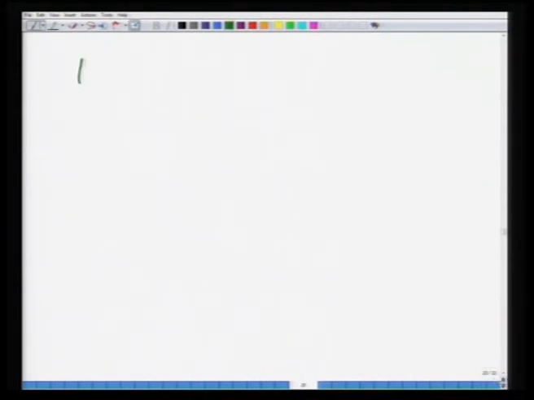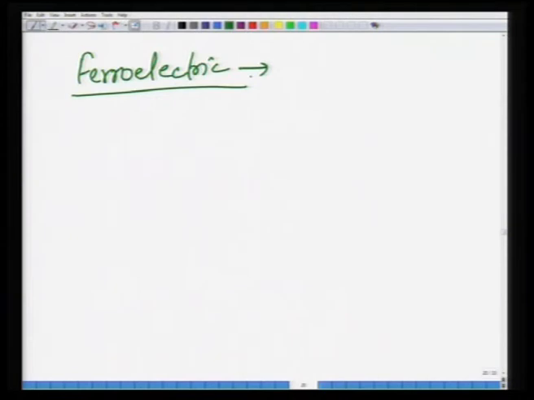Third is called a ferroelectric, where you have to now impose certain more constraints on the piezoelectric materials.